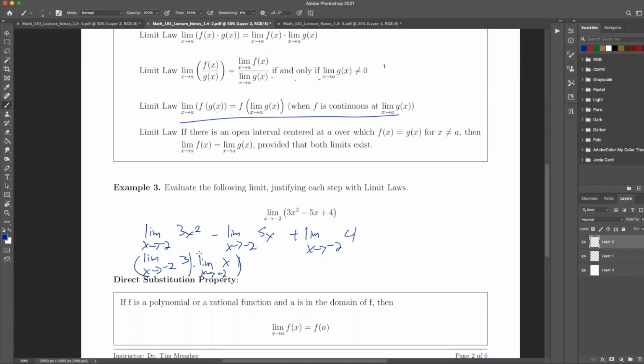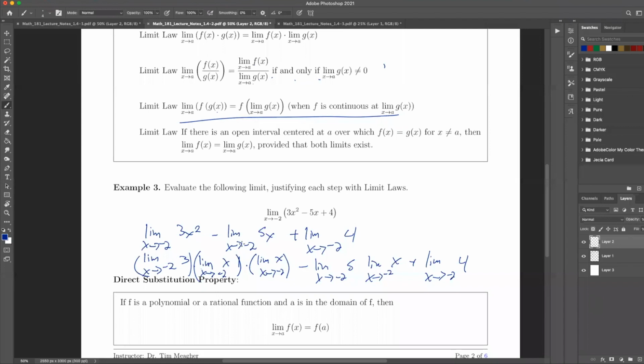We're only going to get this pedantic, and pedantic means overly detailed, during this section. Minus 5 times the limit as x approaches -2 of x, plus the limit as x approaches -2 of 4.